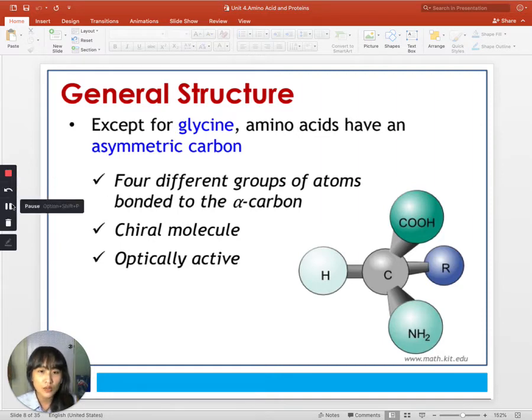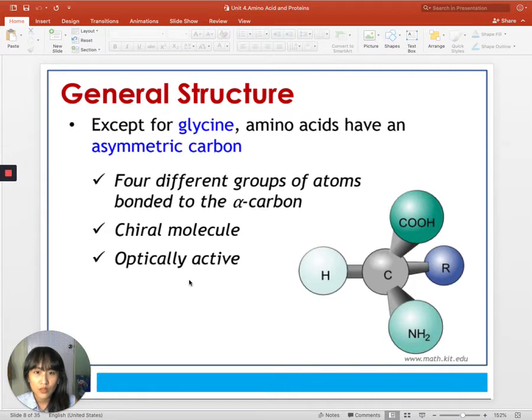This allows the functional groups of the amino acid to form a tetrahedral arrangement. So this is the tetrahedral arrangement. In addition to its being chiral, the amino acid structure contains four different groups of atoms bonded to the alpha carbon. So that is what we discussed a while ago.